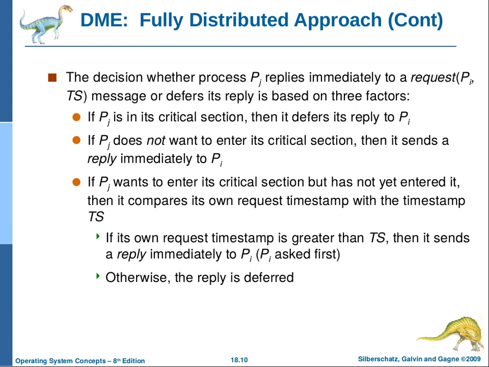What if P1 is in the middle of requesting the same lock? So this is how we fix it here. If your timestamp is greater, aka P0 requested it before you did, then you go ahead and send the reply, and you clear yourself out and wait for the new replies to come back.